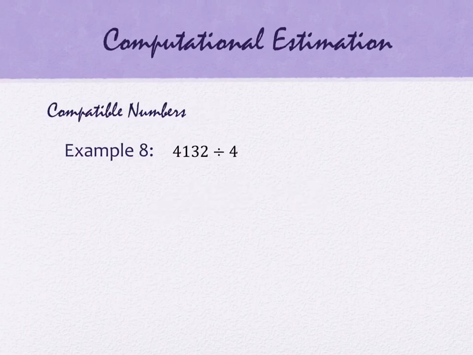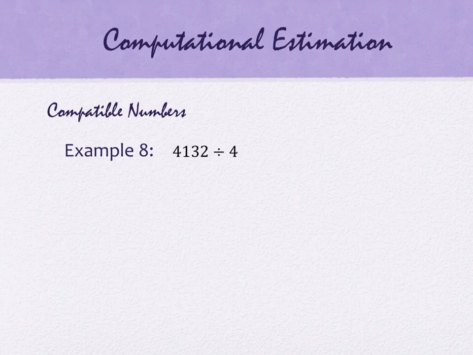The last one is compatible numbers. Okay, so on this one, we could attempt to break things apart very concretely. This is not what this question is asking for. Notice the header at the top says computational estimation. Estimation means that we're getting an approximate answer. Pay attention to that description when you are trying to get an exact versus an approximate answer.